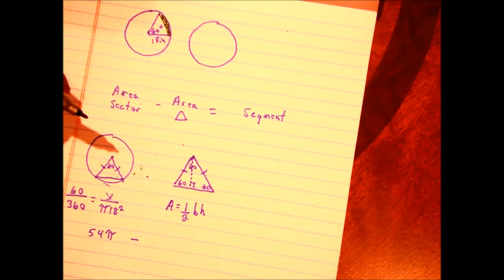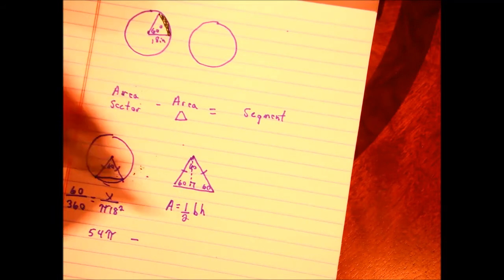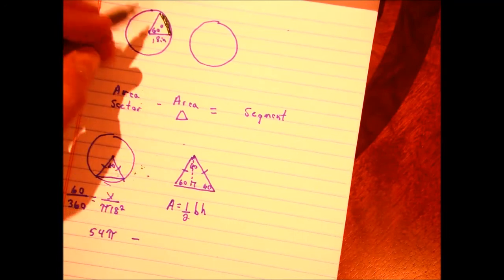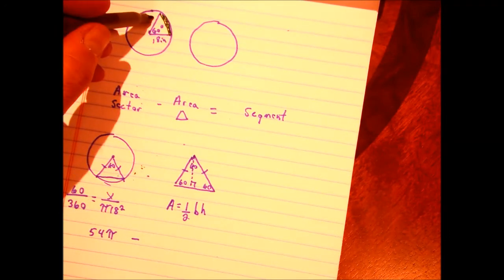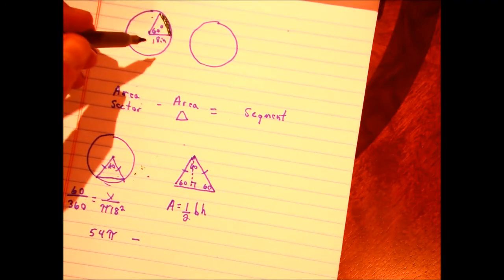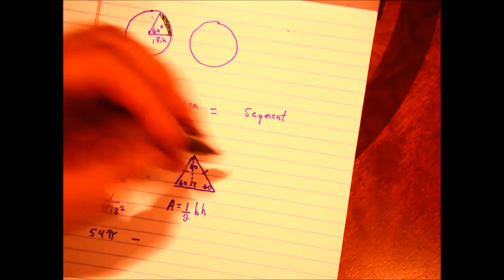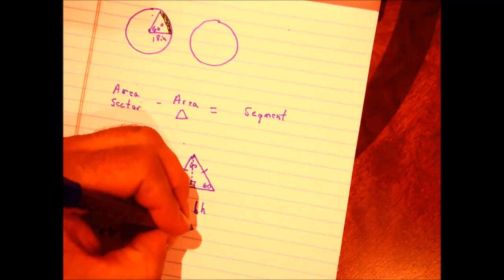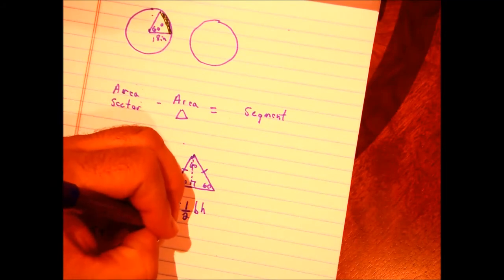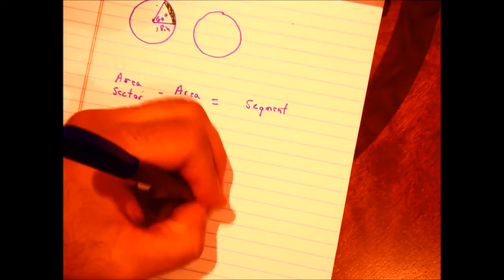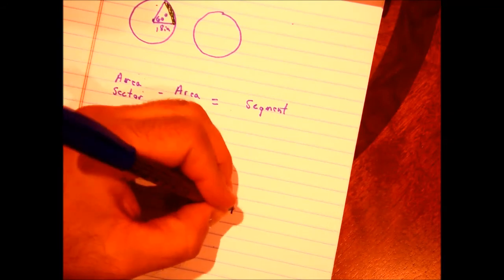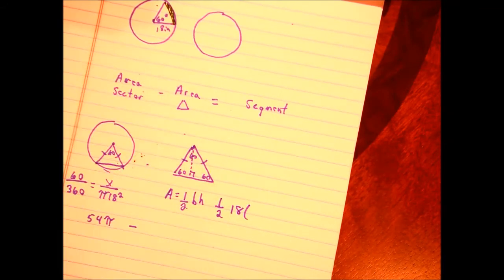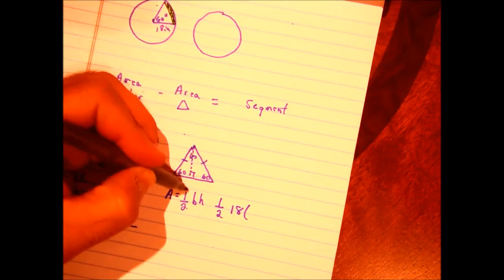Why? Correct. I know the base is 18 because the radius is 18, and if it's equiangular in a triangle, it's also equilateral. So 18, 18, 18. Okay, so the base is 18, so I have 1/2 times 18, and I just need the height. Now the height is right here.